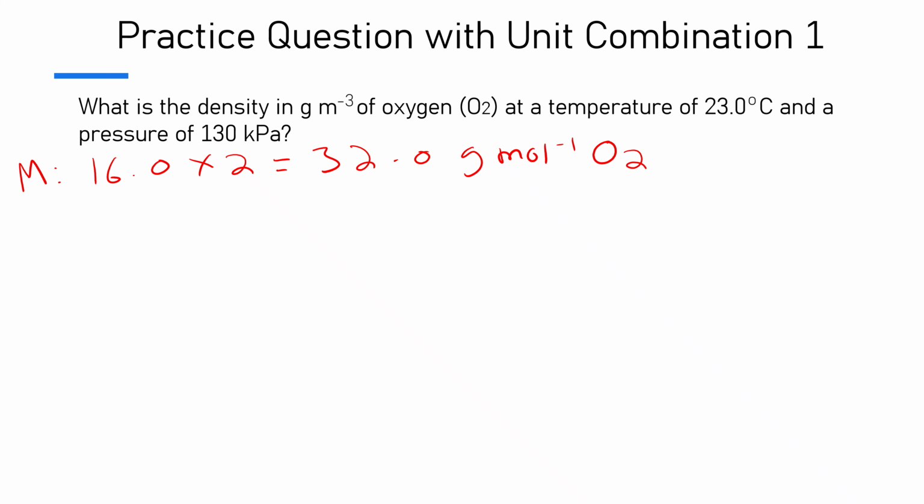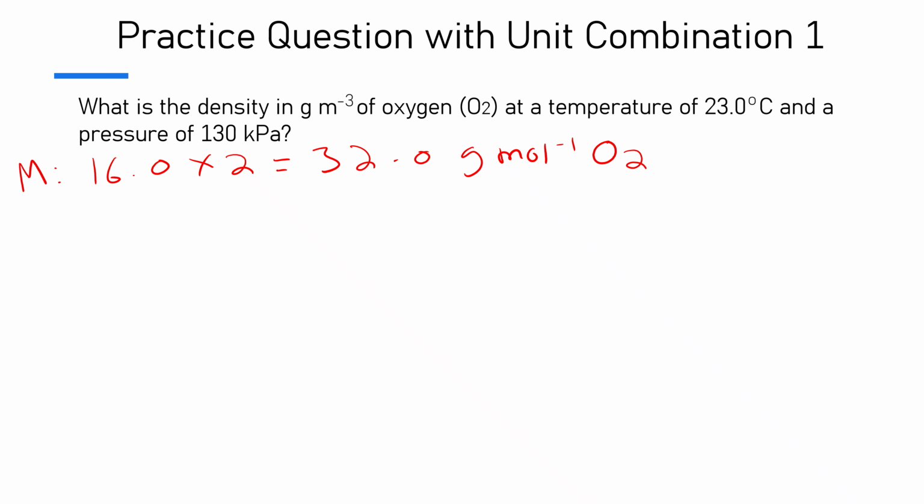Okay, next we need to go through the question again and pick out information regarding other variables, and if necessary, convert the values to allow them to be expressed with the correct units for the unit combination. We are given a temperature for the system of 23.0 degrees Celsius. We don't want Celsius, we want Kelvin, so we need to convert this value into Kelvin by adding to it the value of 273.15 Kelvin, which is equivalent to 0 degrees Celsius.